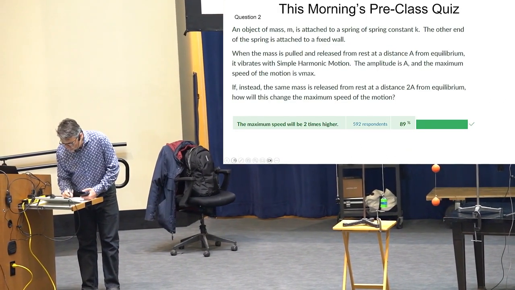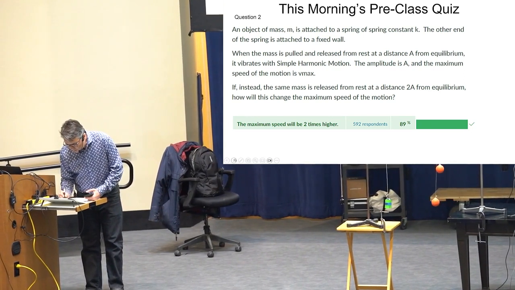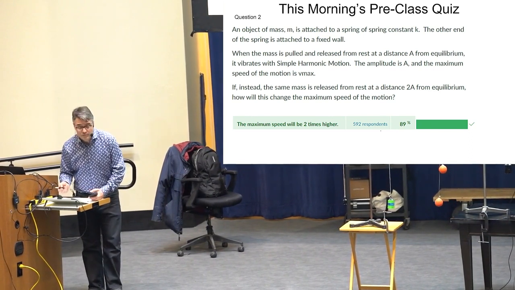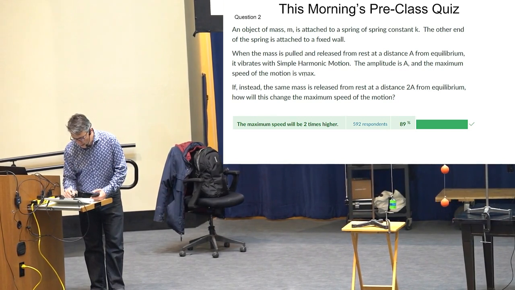An object of mass m is attached to a spring. The other end of the spring is attached to a fixed wall. When the mass is pulled and released from a distance a from equilibrium, it vibrates with simple harmonic motion. The amplitude is a, and the maximum speed of the motion is v max.